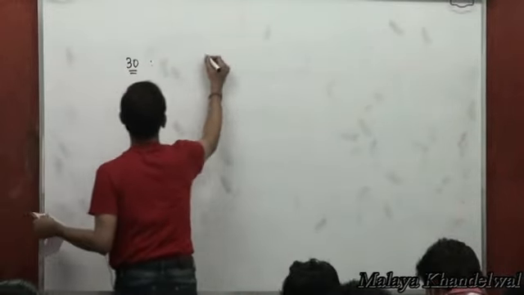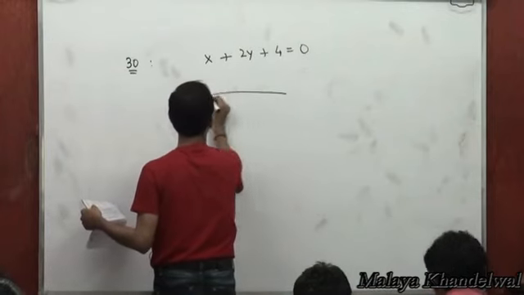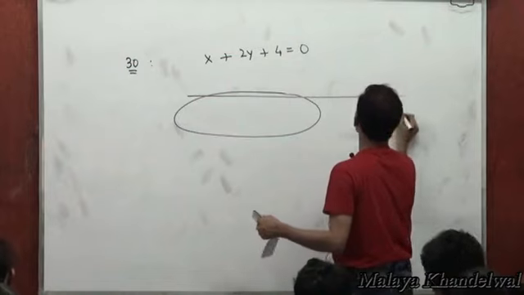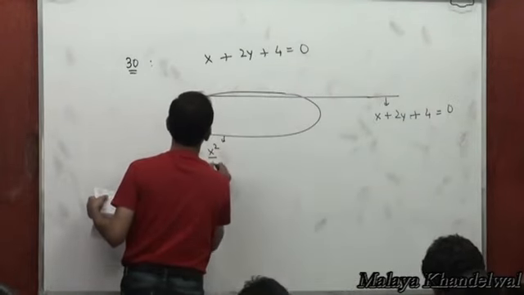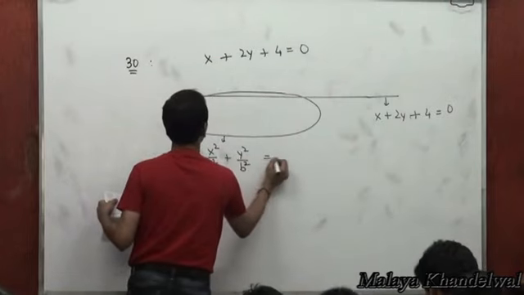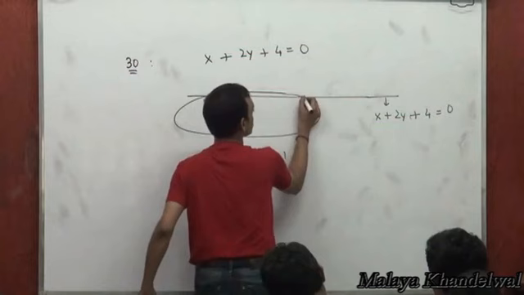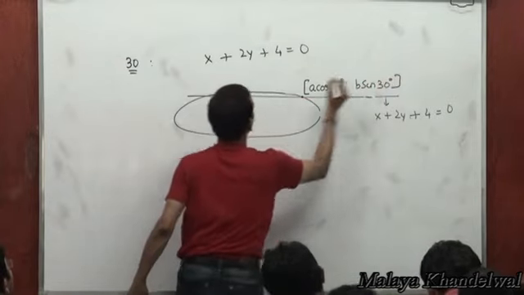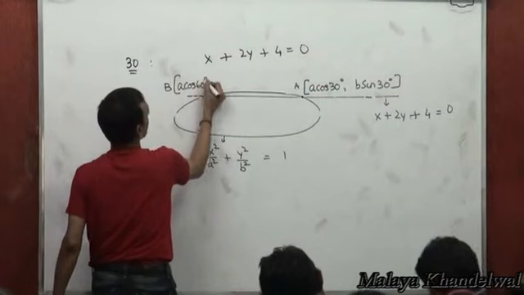If the line x plus 2y plus 4 equal to 0 cuts the ellipse x squared by a squared plus y squared by b squared equal to 1 in points whose eccentric angles are 30 degrees and 60 degrees, so this is like a cos 30 degrees, b sine 30 degrees, and this point is A, and another point B, which is a cos 60 degrees, b sine 60 degrees.